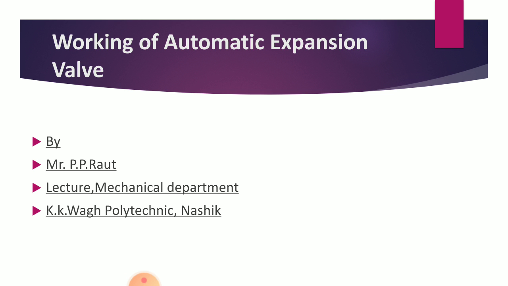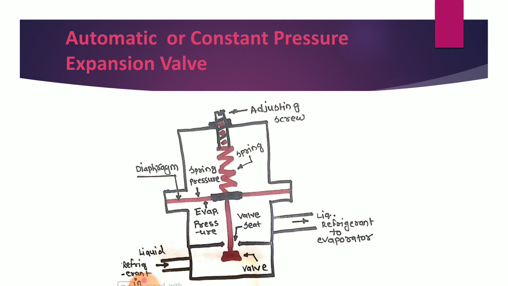Now we will talk about the working of the automatic expansion valve. This automatic expansion valve is also called a constant pressure expansion valve, and it consists of the valve and valve seat, meaning the valve arrangement, then the diaphragm on which spring pressure and evaporator pressure are exerted.